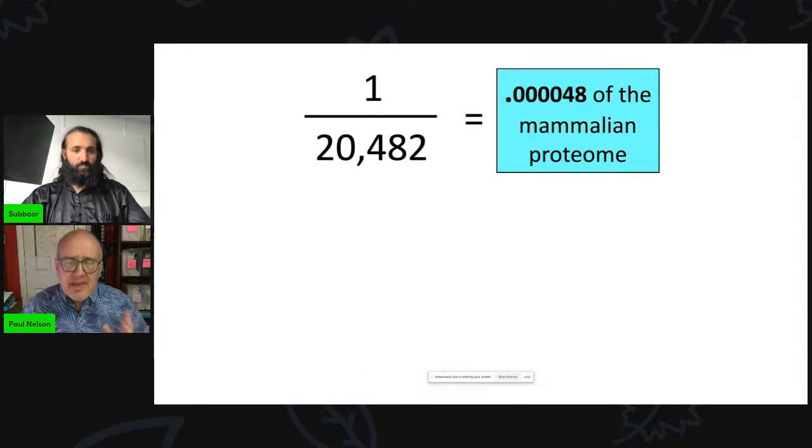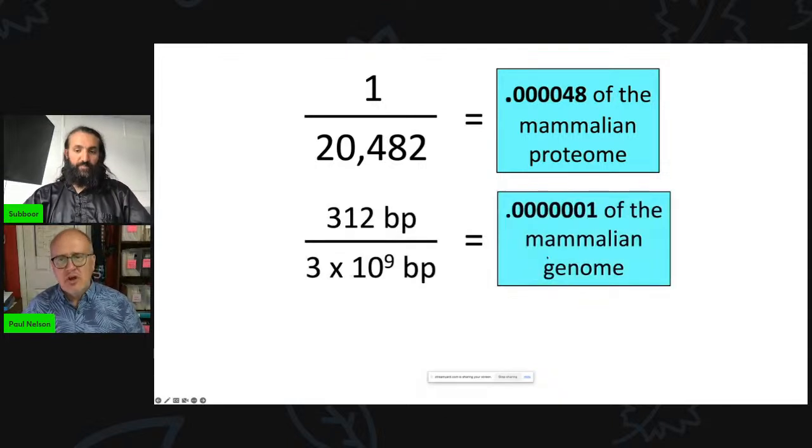And you simply cannot understand the transformation of form and function with respect to only a tiny fraction of the proteome, that is the total number of proteins in a species, or the genome, where you're looking at a tiny little bit of the relevant data.